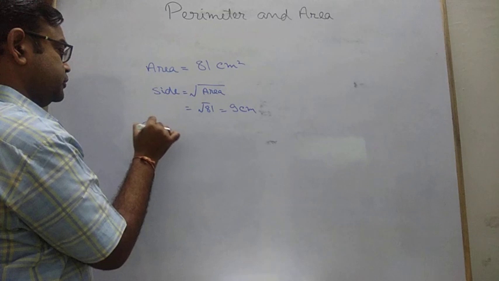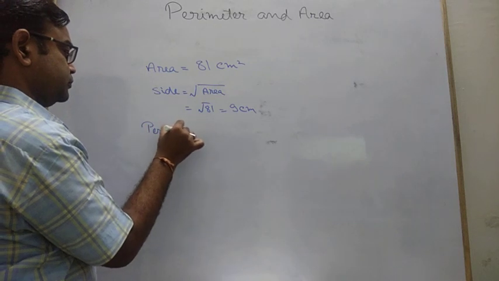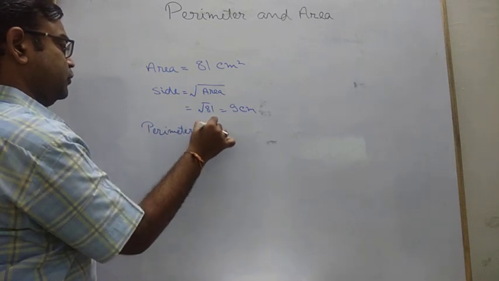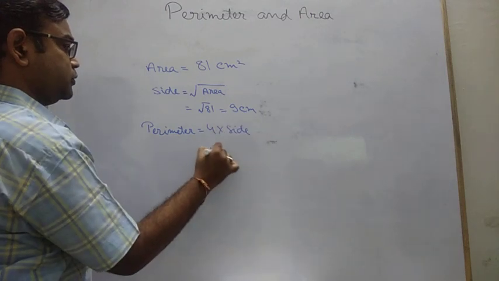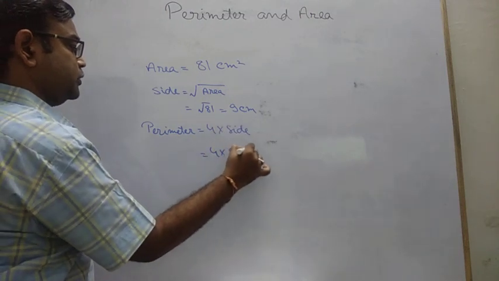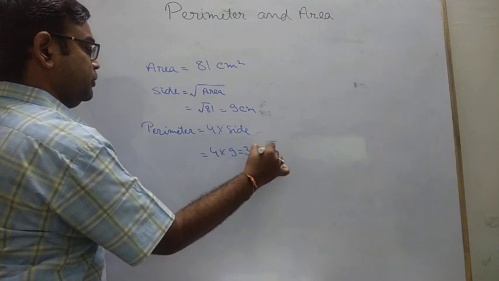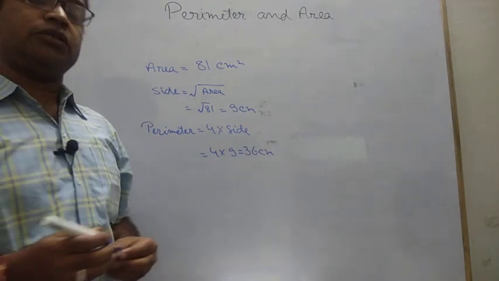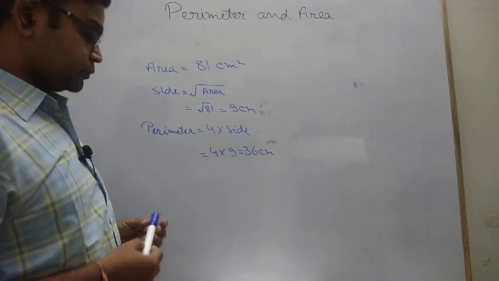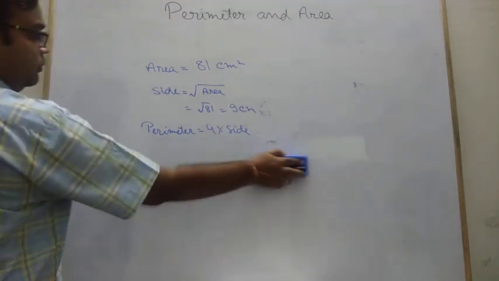So perimeter, as we know, 4 into side. All these things about square, na? So 4 into 9, it's 36 centimeter only, because this is a length. Always remember perimeter is a length, so we use unit of length. Now come to the word problems.